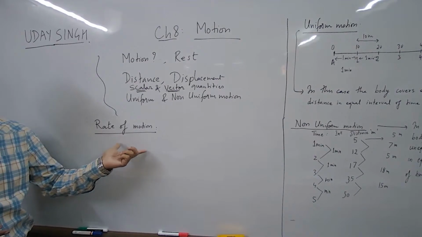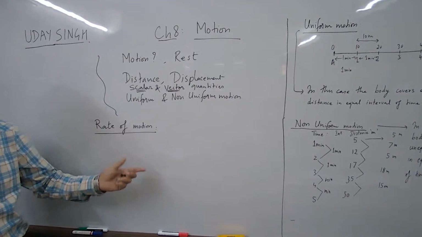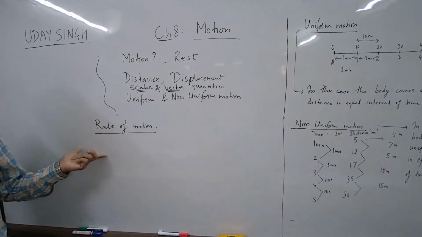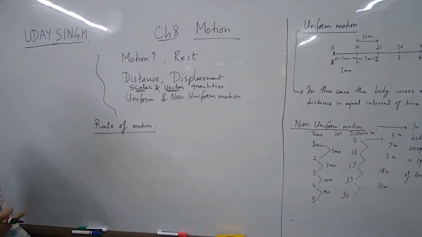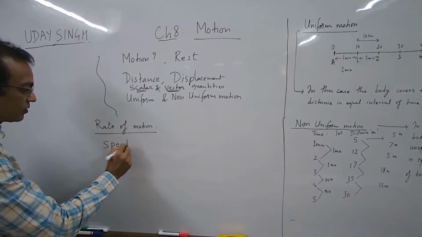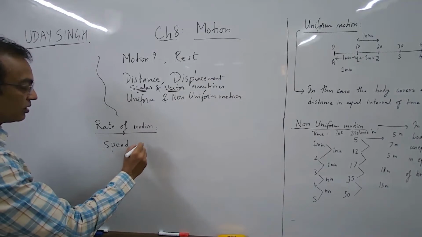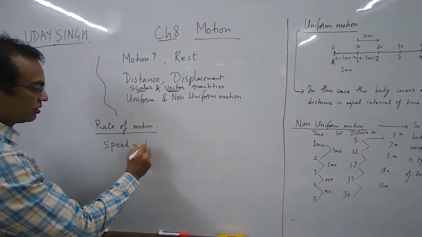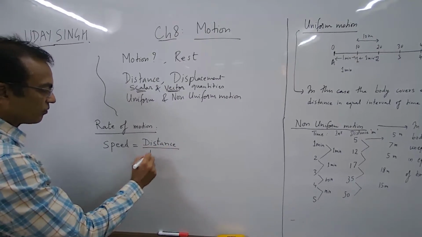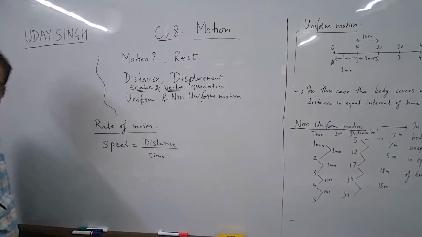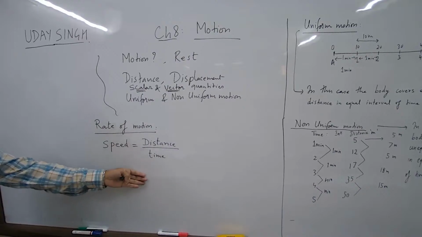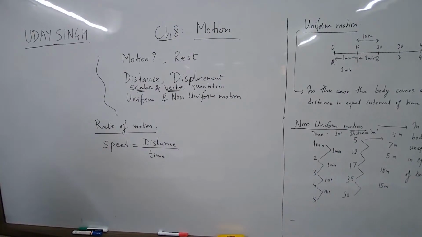How motion or distance is changing with time? That measure is defined as speed. Okay, so what is speed? Have you studied about speed? Speed is defined as rate of change of motion or distance upon time. How the motion is changing with respect to time? That is called rate of motion.